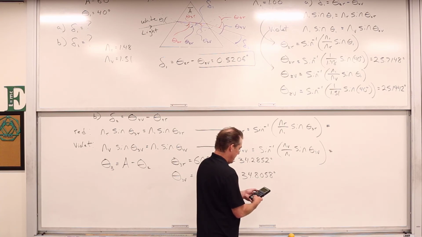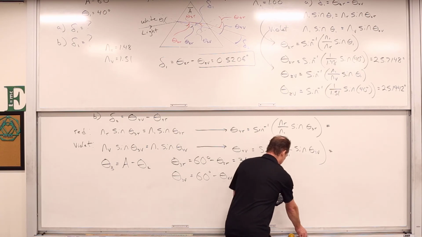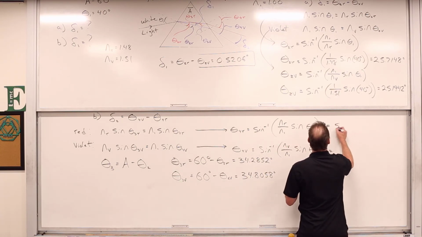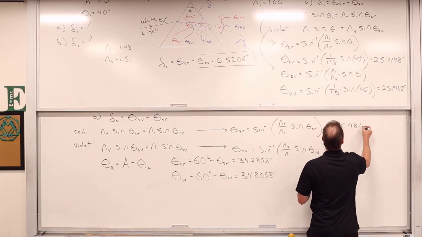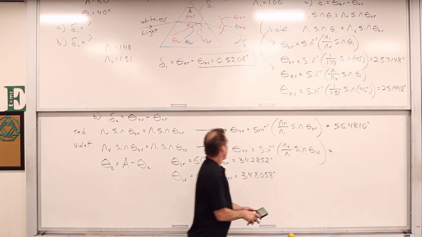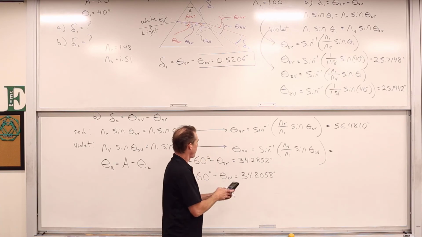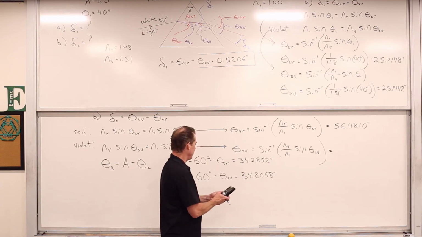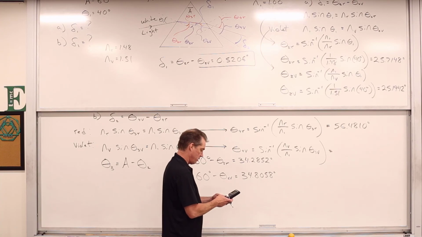Arc sine of all of that gives us 56.4810 degrees. There's the exit angle for the red end. And then we've got the arc sine of 1.51 times the sine of theta 3 violet, which is 34.8058.